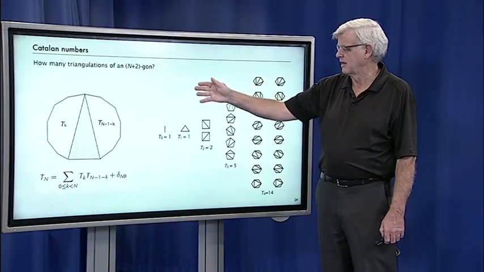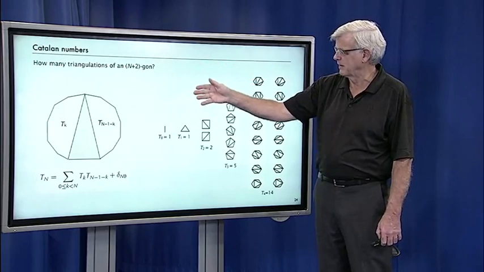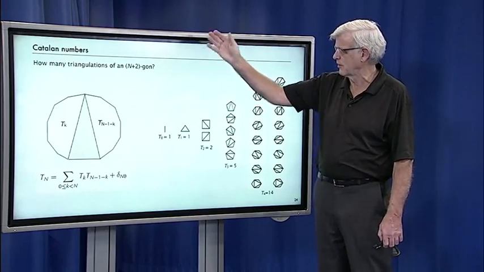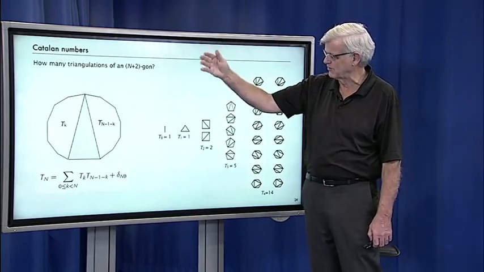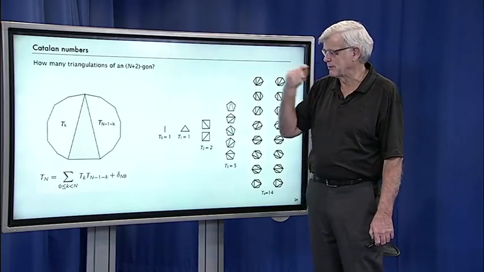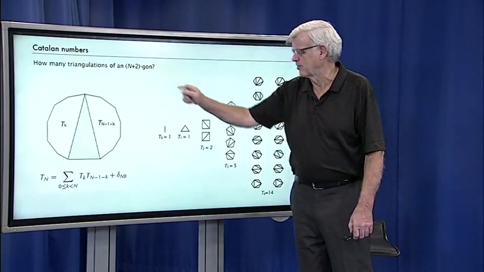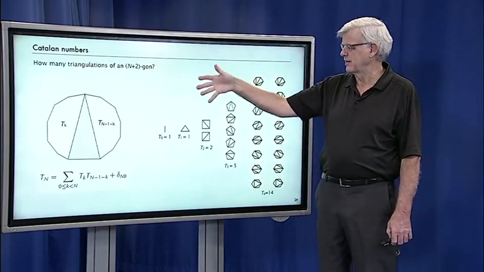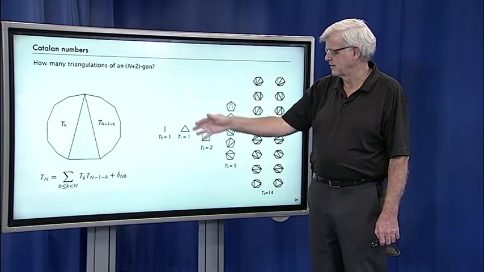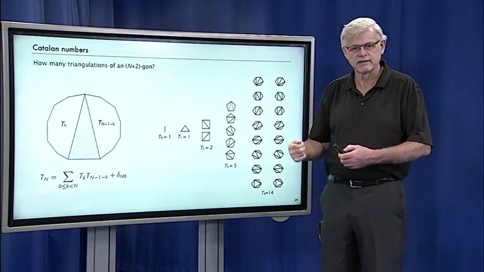In general, if we draw a diagonal and leave k vertices on one side and n minus 1 minus k on the other side, and there's one less because we draw the triangle, then you can triangulate those any way that you want, each one of them independently.